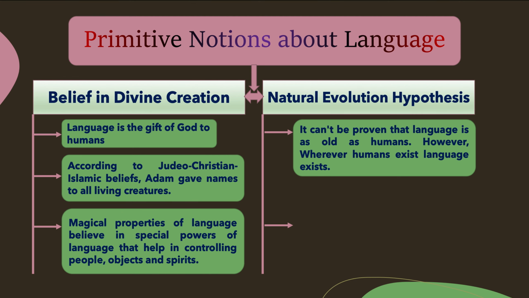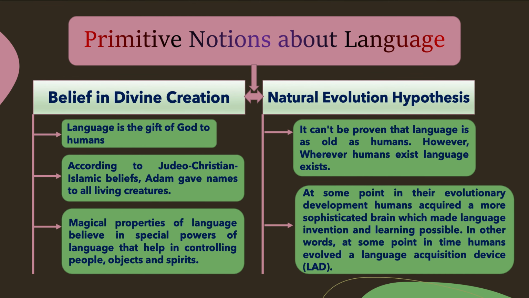Now go to the next point. Second point. At some point in their evolutionary development, humans acquired a more sophisticated brain which made language invention and learning possible. In other words, at some point in time, humans evolved a language acquisition device.